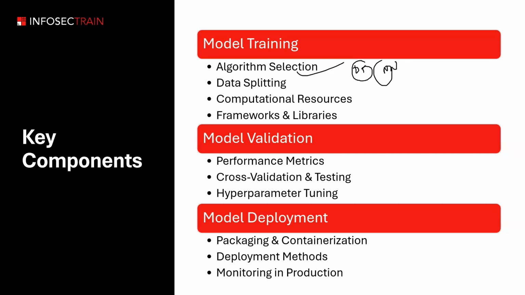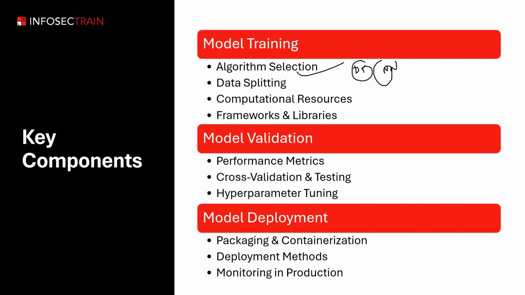When we talk about algorithm selection, we're talking about classification of data and clustering of data. That is the most important part of algorithm selection. What kind of algorithm you use basically matters.